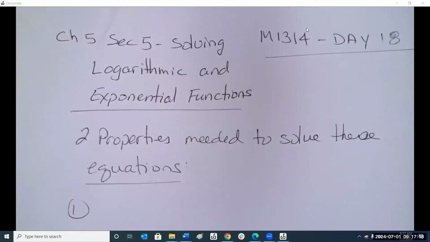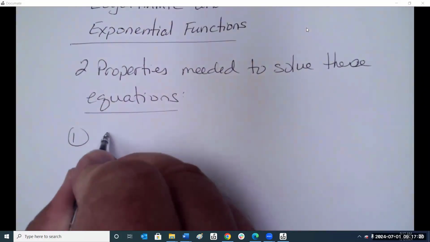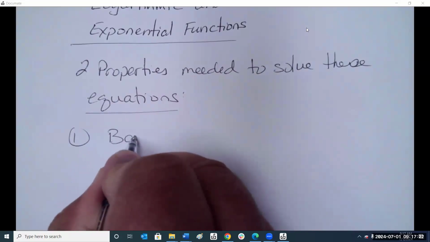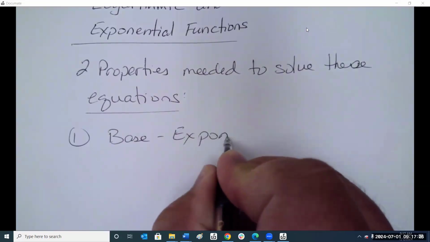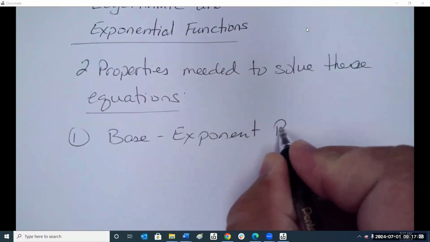The first one is the base exponent property.